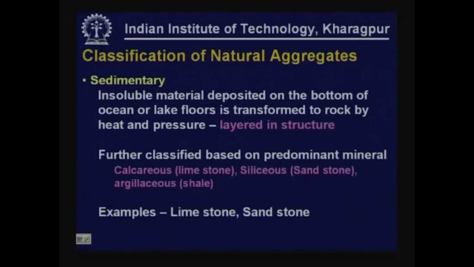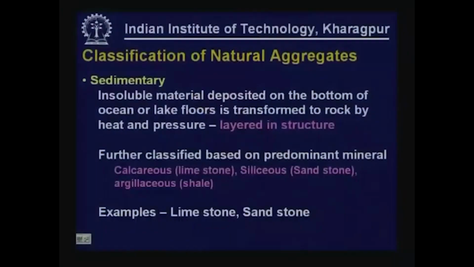These are further classified based on the predominant mineral, because they may not have one type of mineral only, they will normally consist of different types of minerals, but depending upon which mineral is predominant, these are further classified as calcareous, typical example being limestone, siliceous, example being sandstone, argillaceous, example being shale. Typical examples of sedimentary rocks, some of them we already listed earlier, are limestone and sandstone.